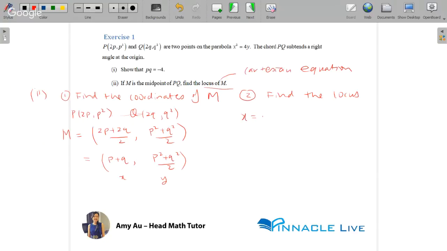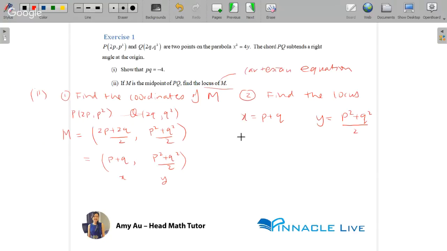Okay, so x is equal to p plus q, y is equal to p squared plus q squared on 2. So the most common way to eliminate the parameter, when I say eliminate the parameter, simply means get rid of p and q across their expression, so you only have an xy expression. Okay, so this is a question involving 2 parameters, p and q. You use the perfect square to assist you.